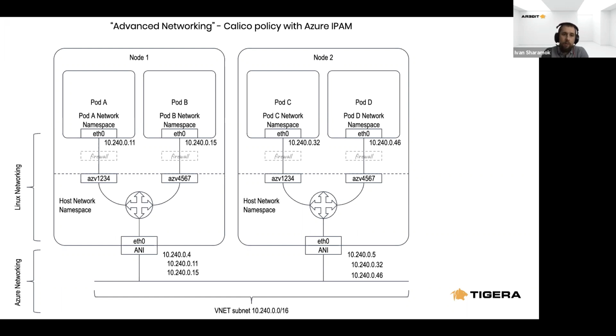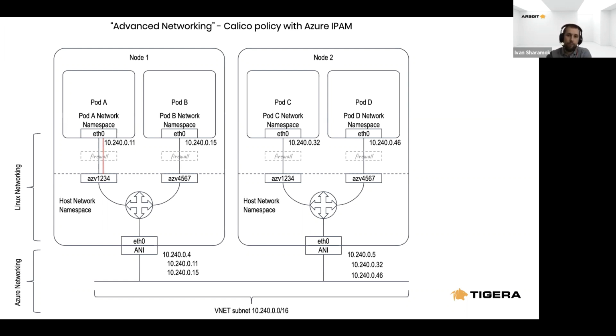And instead of having the non-routable network, now you can see our pods get the IP addresses from 10.240 instead of 10.244 as it was before. So they are part of and visible to the VNet of your cluster. Therefore, the network is routable.